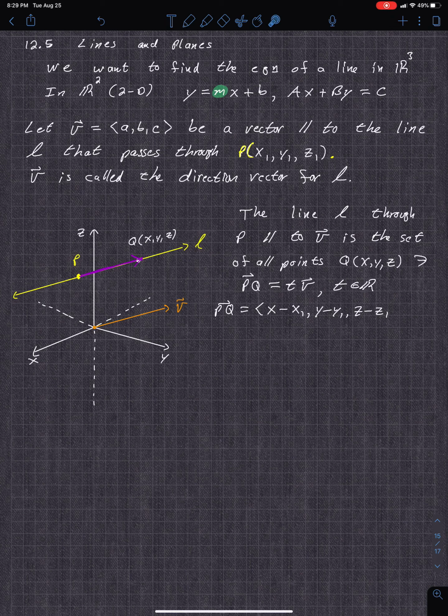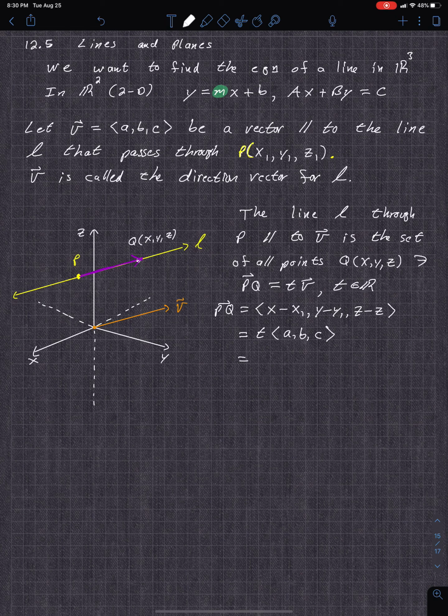Remember, it's terminal minus initial. So that is equal to t times the vector v, which is a, b, c.